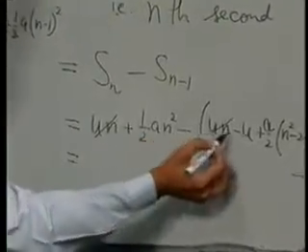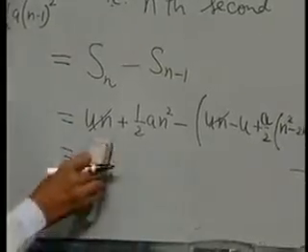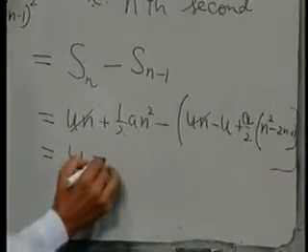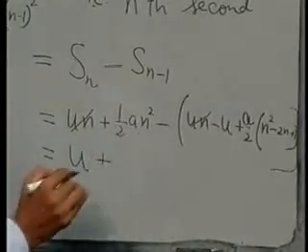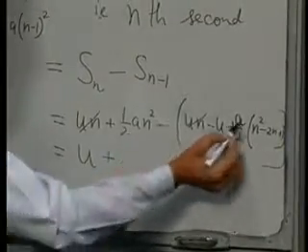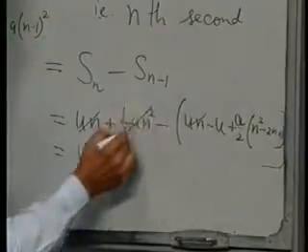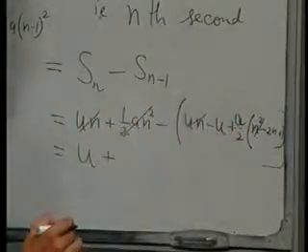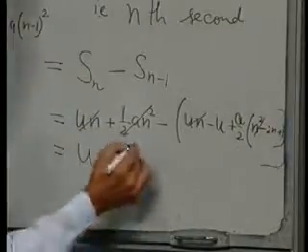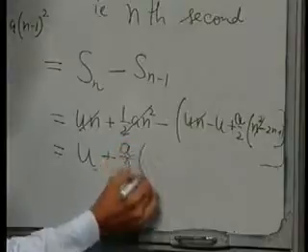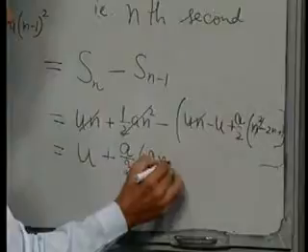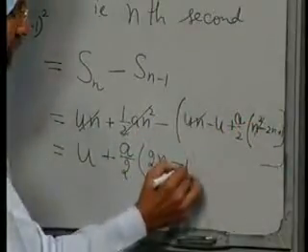Then we have u plus half a n square and minus half a n square, so these two get cancelled. What we are left with is a by 2 into 2 n minus 1.